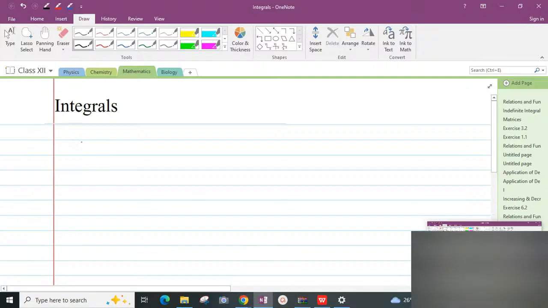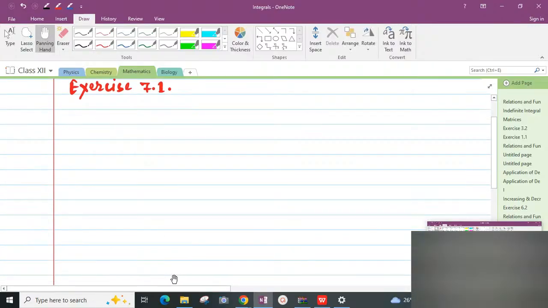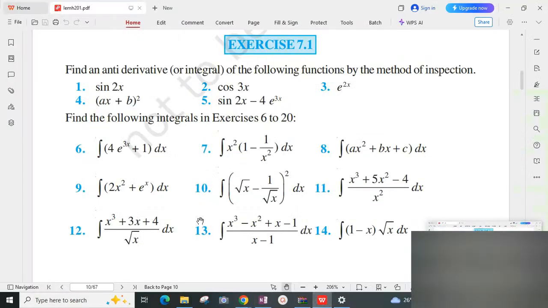In this class, I am going to solve the questions of exercise 7.1 of NCERT textbook. Let's see the questions of exercise 7.1. This is the first question.